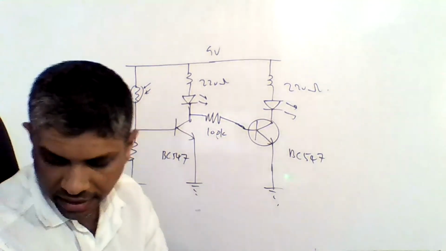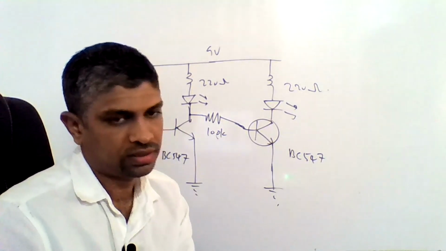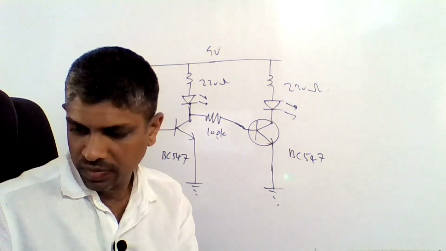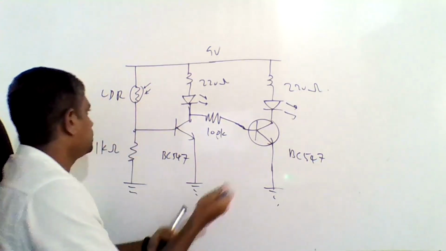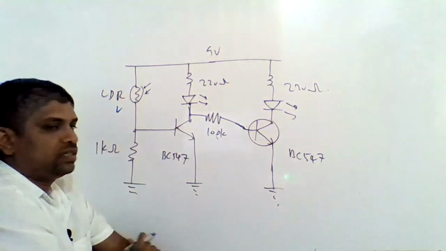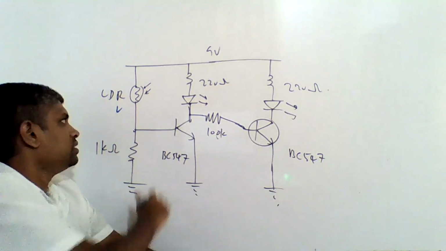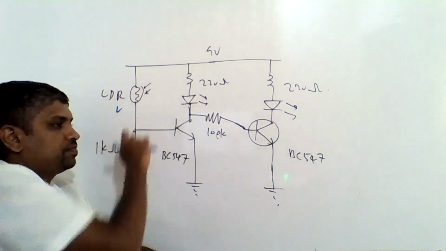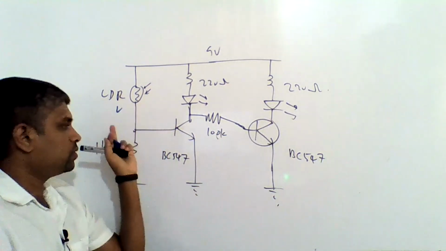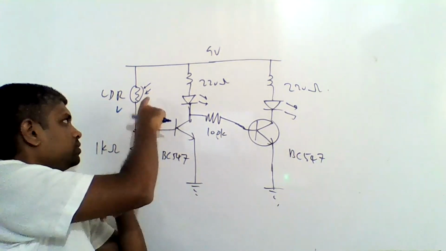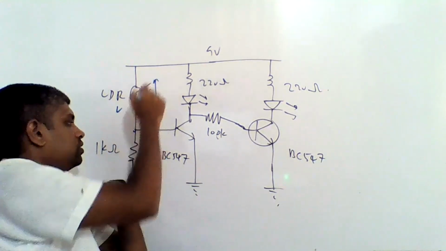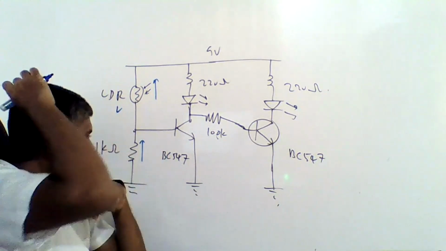When the light is available, this resistance is low. Therefore, this potential difference will be low, and this potential difference will be high.